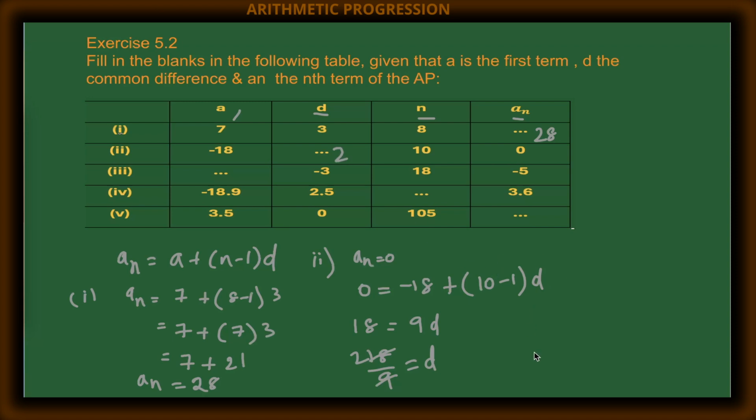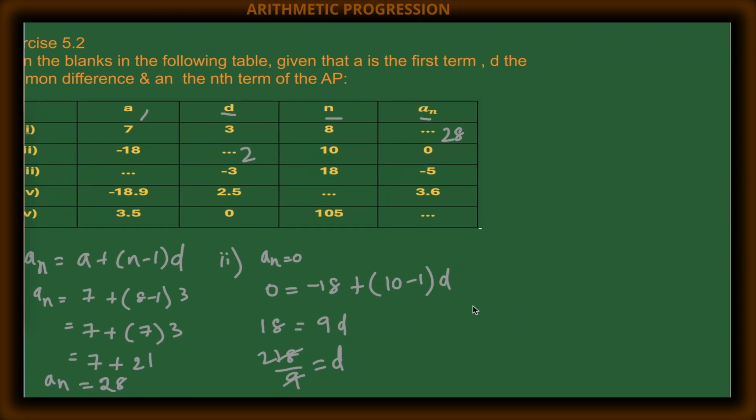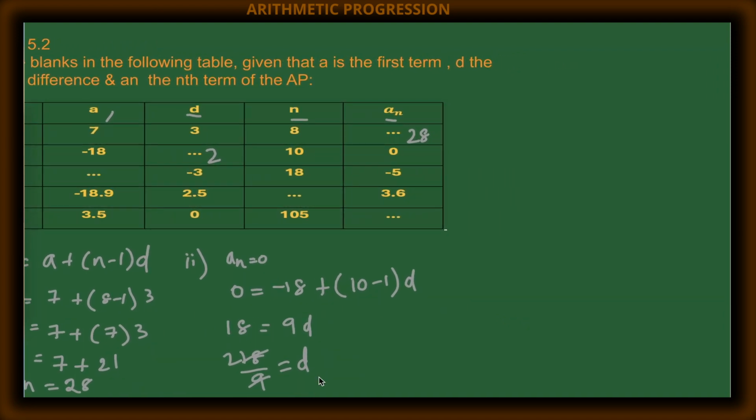Okay, so let's solve the third one. Let's try to solve it here. What is an? Is an given? This is the one which we're solving. Right, so an is minus 5. Is a given? No. a is the one which we need to find. a plus n.